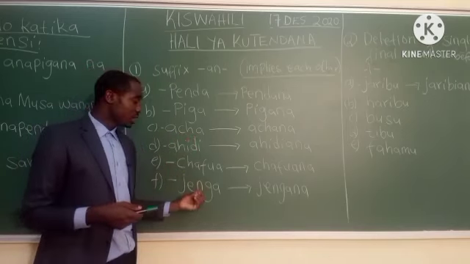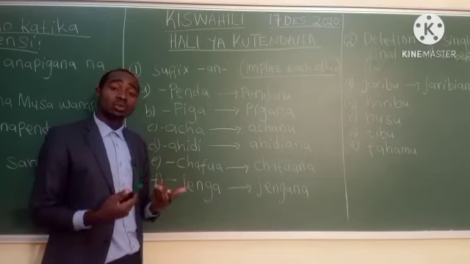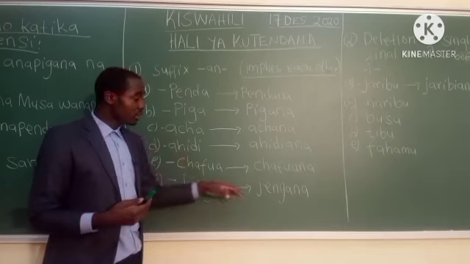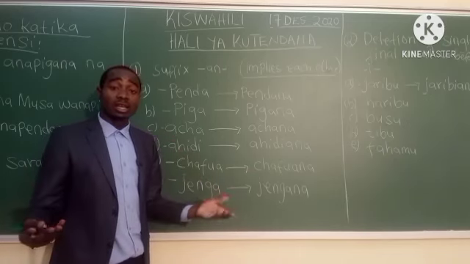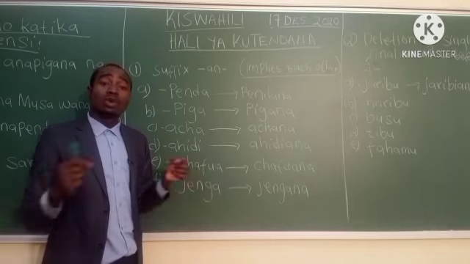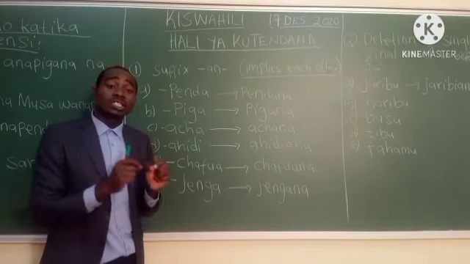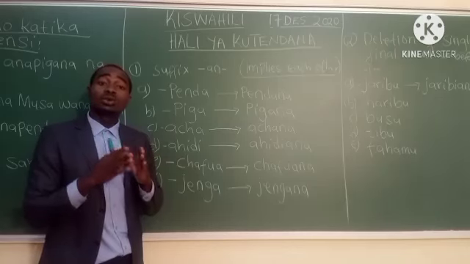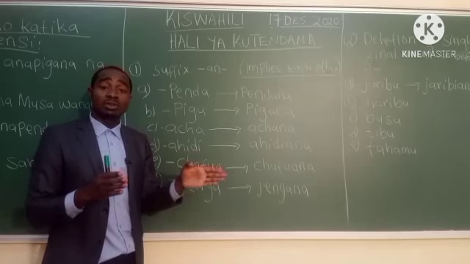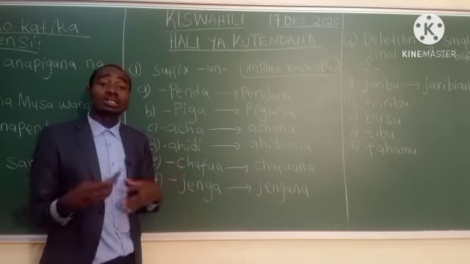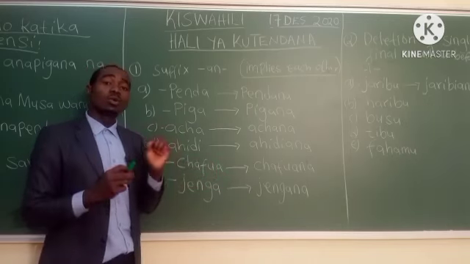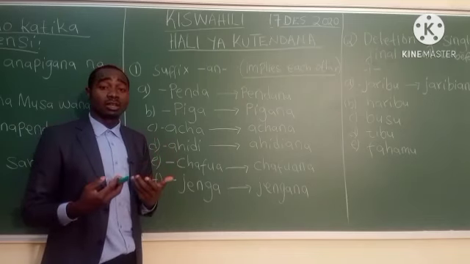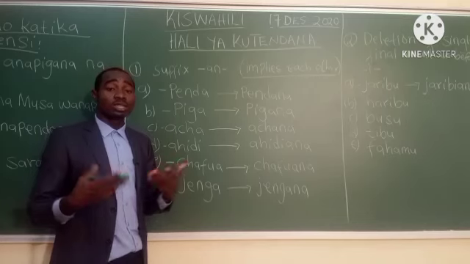When he molds you to be a better person, we idiomatically say amekujenga. Then jengana, you mold each other to become good character. Urafiki wa kujengana, a beneficial friendship. It means that no one is depending on the other, but you are assisting each other to grow well. Sawa. Urafiki wetu ni wa kujengana. Our friendship is for building each other.